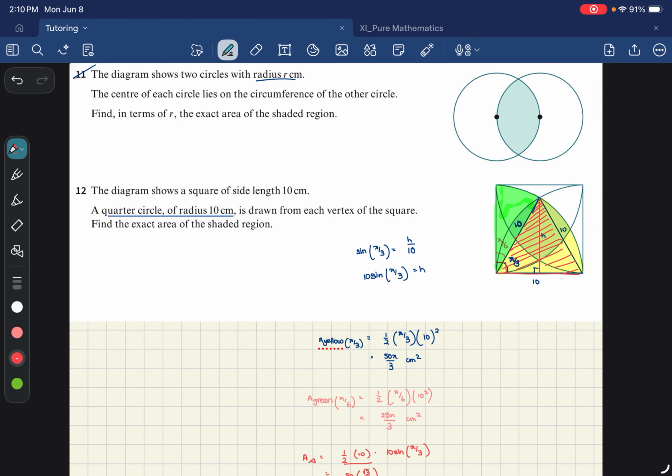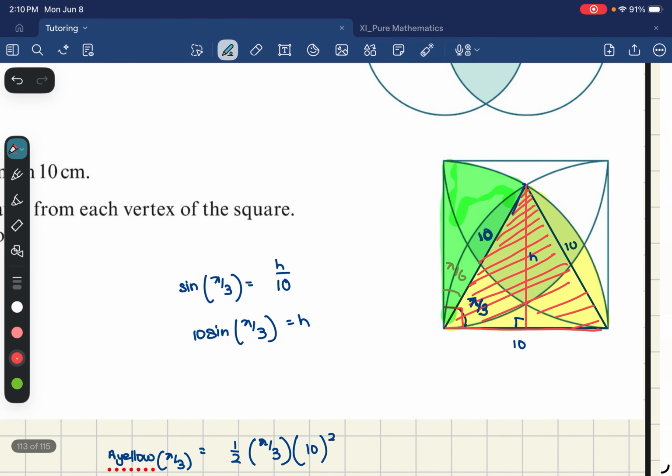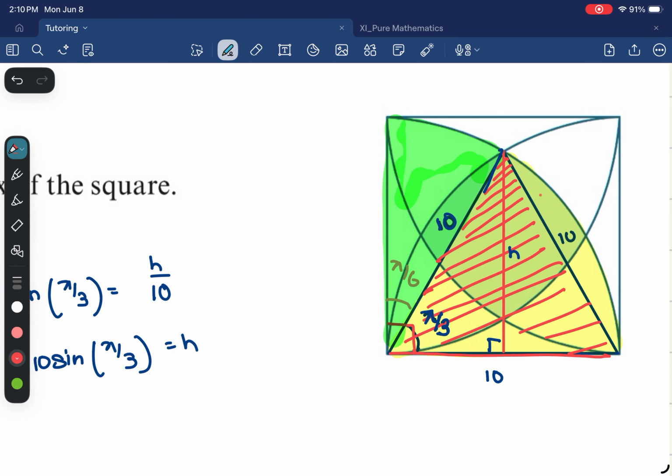So if you think about it, what I can do is erase what I have so far, and I'm going to redraw stuff again, right?